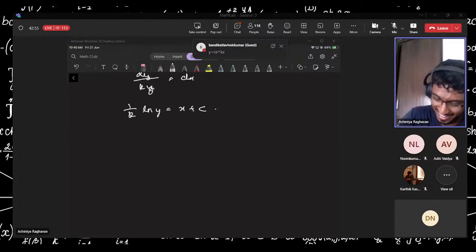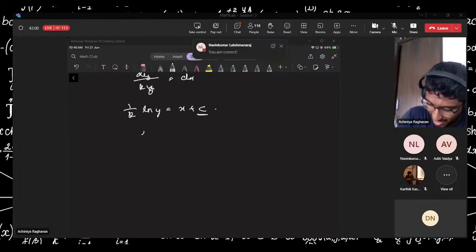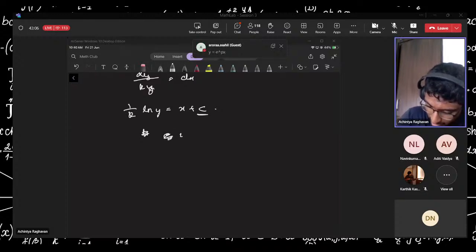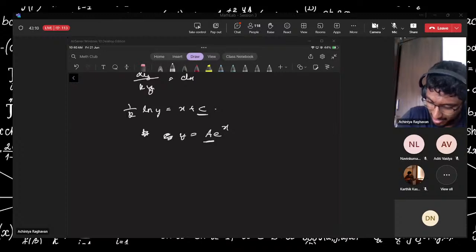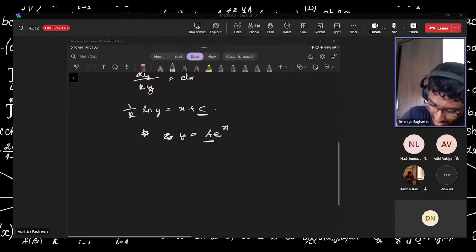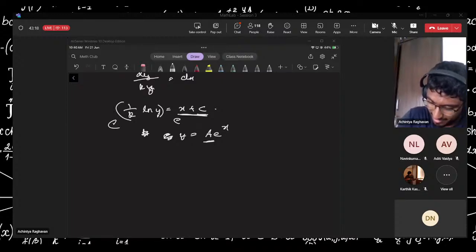People added the c at the end, but the c should come here. So if you exponentiate both sides, you get y equal to a e power kx, where a is the constant, because when you exponentiate both sides, it becomes a multiplicative constant. So yeah, move on with the check.